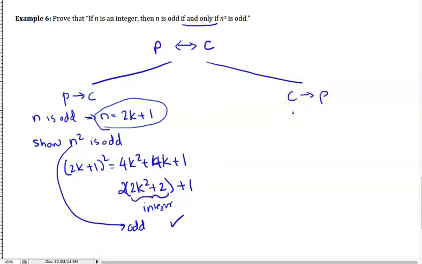Okay, so now let's start with assuming n squared is odd, and then showing that n is odd. All right, this can be done by direct proof, but I like indirect proof better.